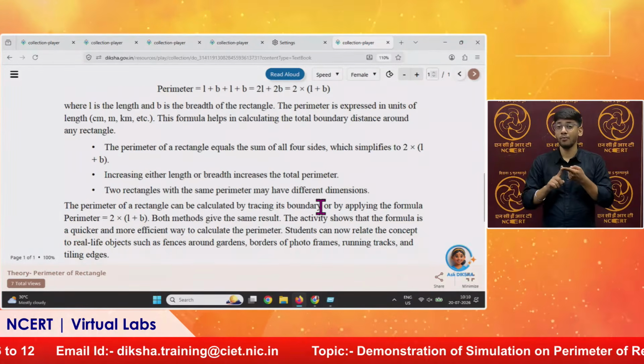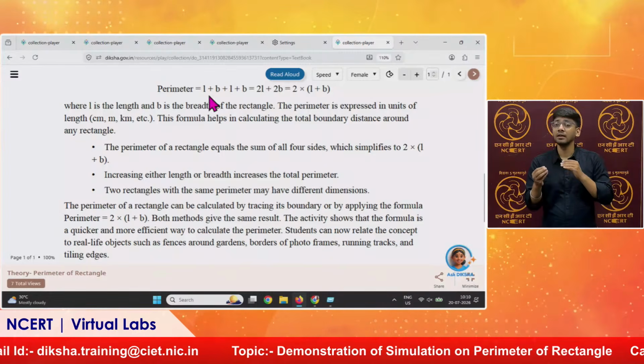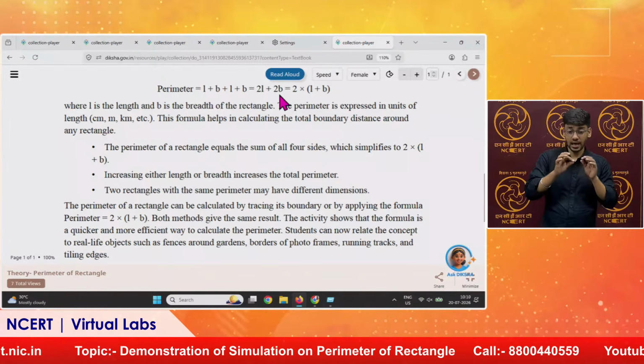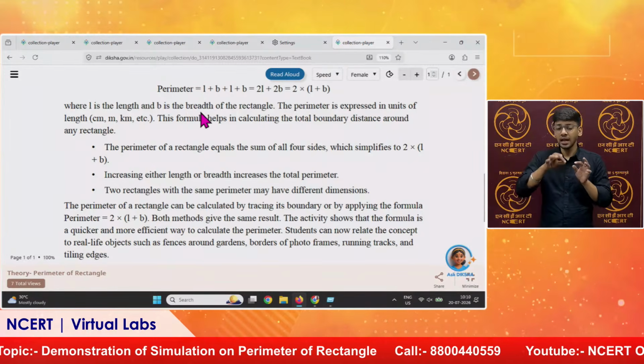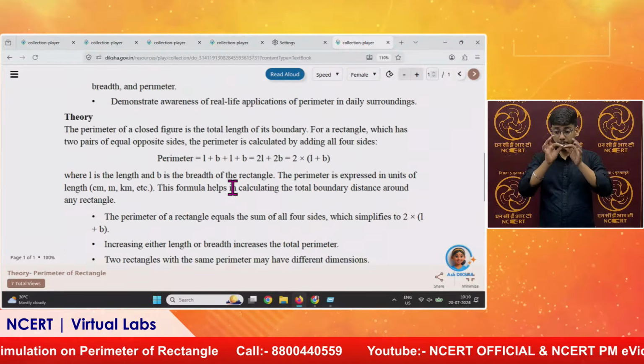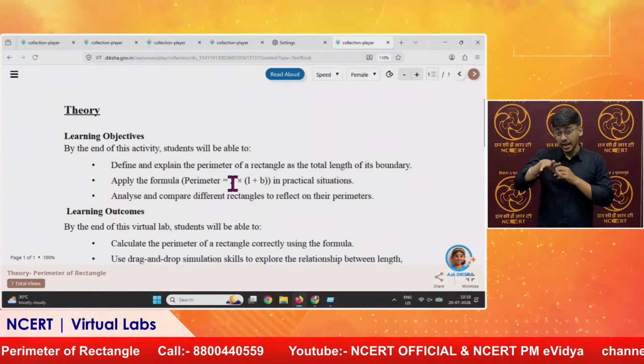And one other thing is given, that the perimeter is dependent on the length and the breadth. If length is increasing, the perimeter is also increasing. So this way the theory is very important if we want to learn about the concept.